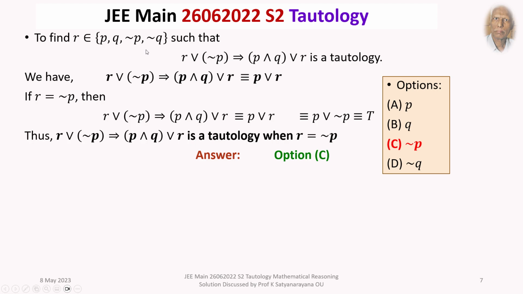So you have to take 4 choices and write down the truth tables for this Boolean expression for various choices of R. That means 4 times you have to do it. In that, only once will give you T. Therefore, it is a tedious situation.